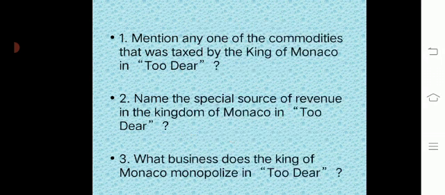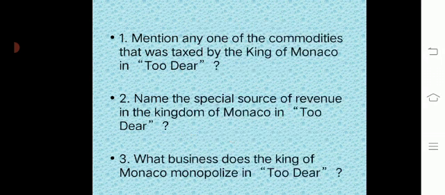Now the topic that we are discussing today is unit 2, Two Dear. So all the questions are from the same lesson. Question number 1. Mention any one of the commodities that was taxed by the King of Monaco in Two Dear.